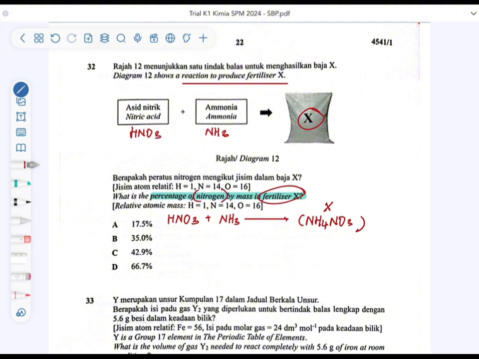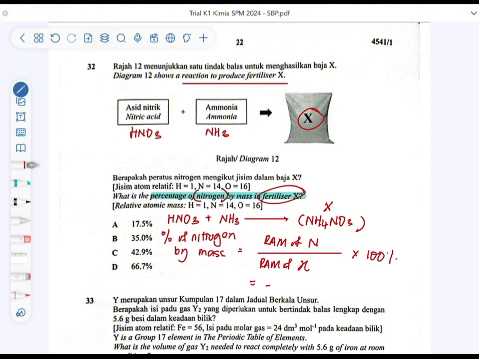But in this question, we want to find the percentage of nitrogen, isn't it? So the formula will be percentage of nitrogen by mass equals the relative atomic mass of the nitrogen we have over the relative atomic mass of the X, times 100%.